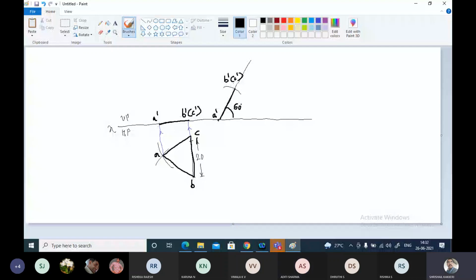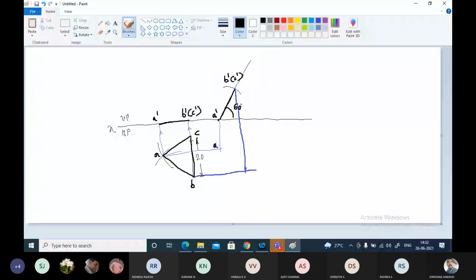Now next, let me take A and project A. And this is point A. Similarly, project a line from B, and we'll meet at this point.